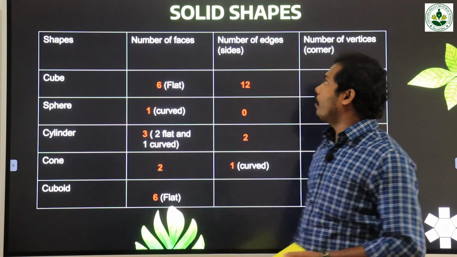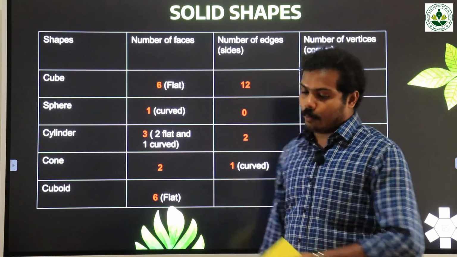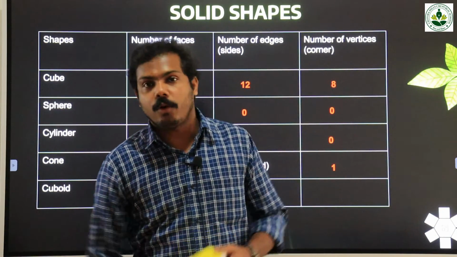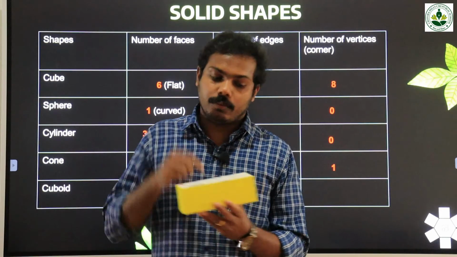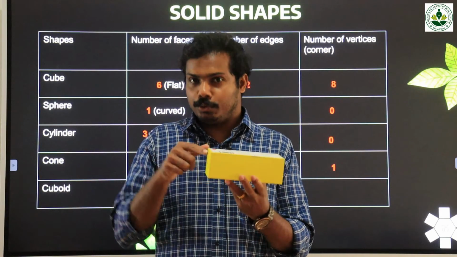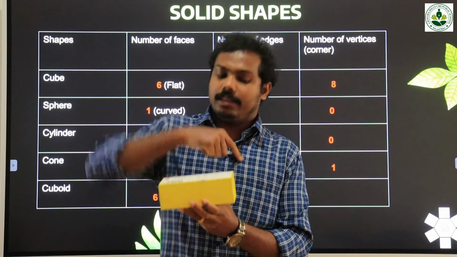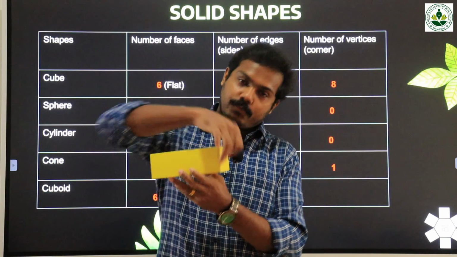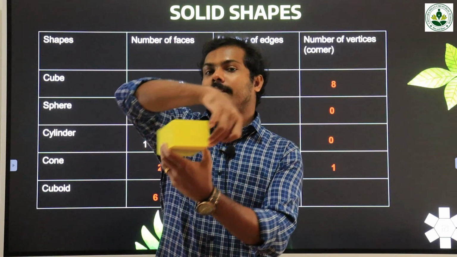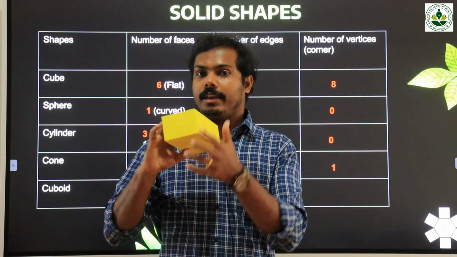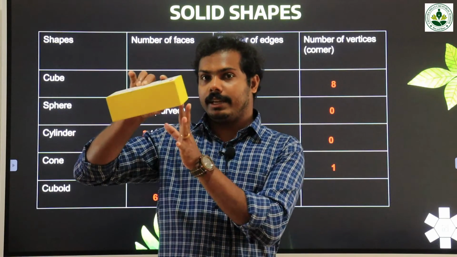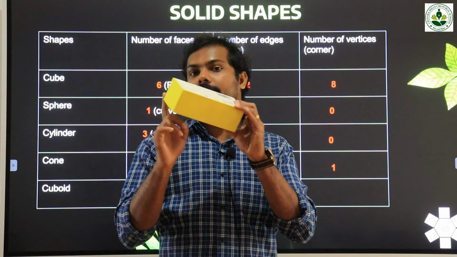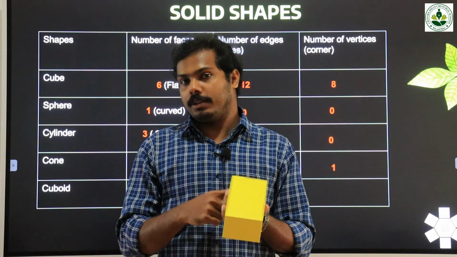And next one, number of edges of a cuboid. We need to know the number of edges. Let's count 1, 2, 3, 4, 5, 6, 7, 8, 9, 10, 11, 12.